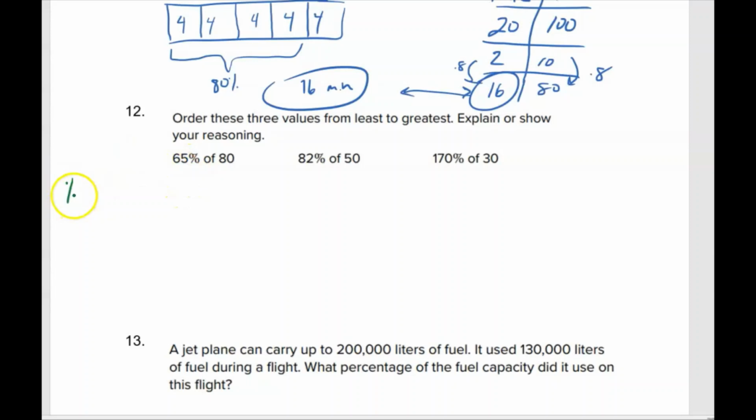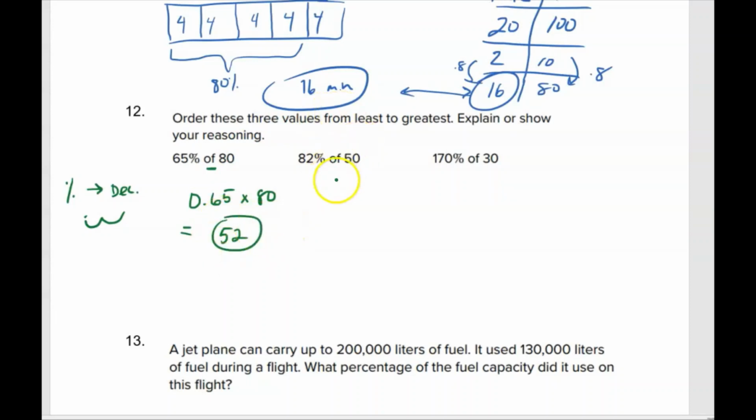So percent to decimal, we just move our decimal 2 spots to the left. Here, 65% is the same thing as 0.65. Of, in math, remember, means times 80. So that's just a simple plug and chug into your calculator. 0.65 times 80 would give you 52.